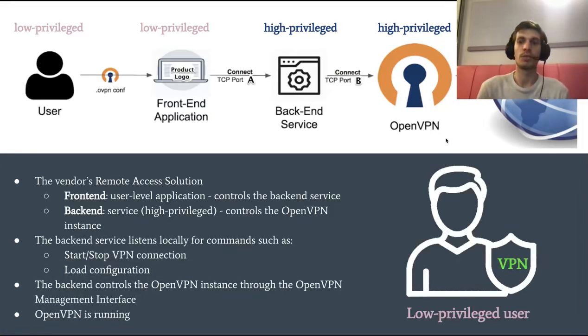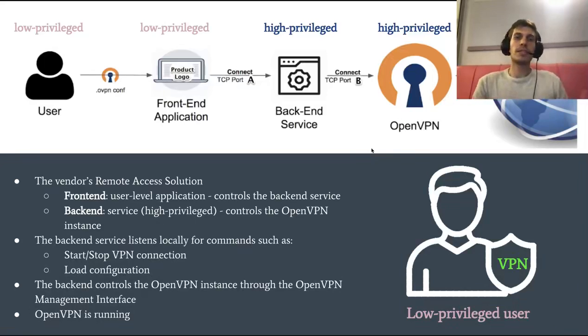And now, of course, we have a low privileged user that can start VPN services. If we did not have this OpenVPN management interface feature, we would need to be privileged or admin users to start the OpenVPN instance. But this feature saves us the need for being administrators on the machines, and even low privileged users can start OpenVPN tunnels.